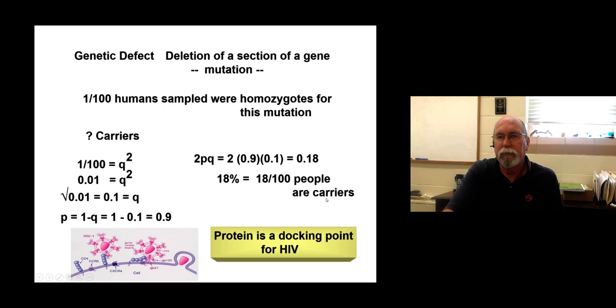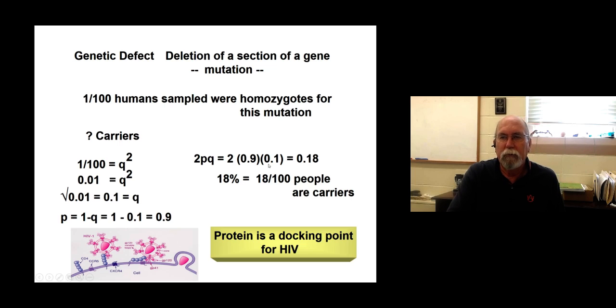So these 1 in 100 who were homozygous had this mutation, which didn't have any other effect on them at all, but if they got into an environment where there was HIV, they were essentially protected, at least from the form they were looking at. The data were from people at high risk of HIV exposure, so they were in the sex trades, or they were intravenous drug users, or something like that.